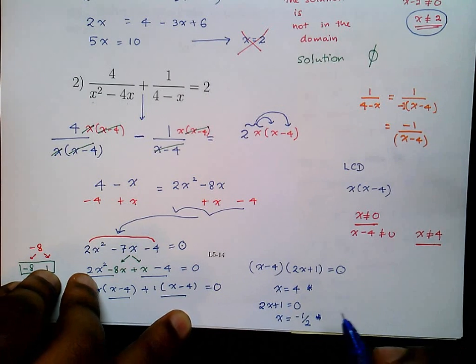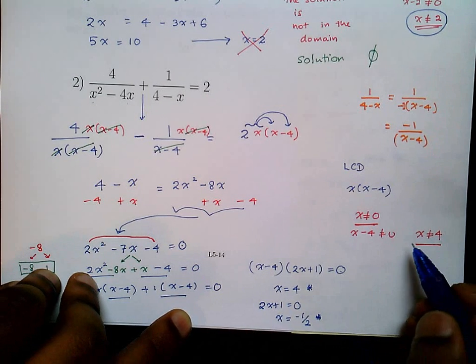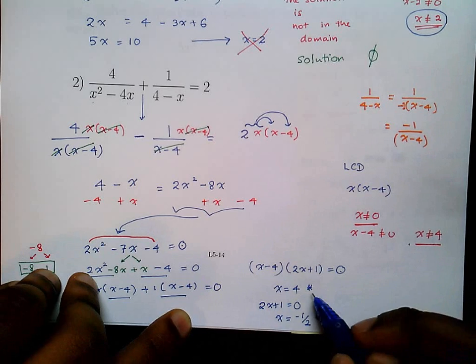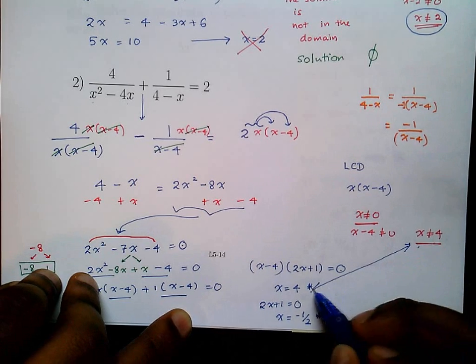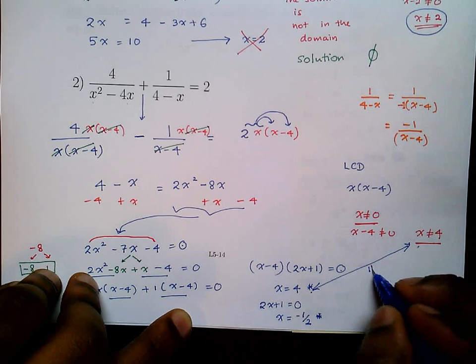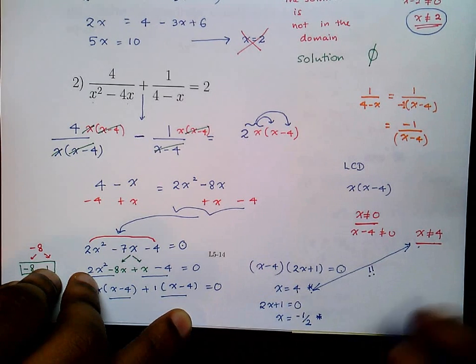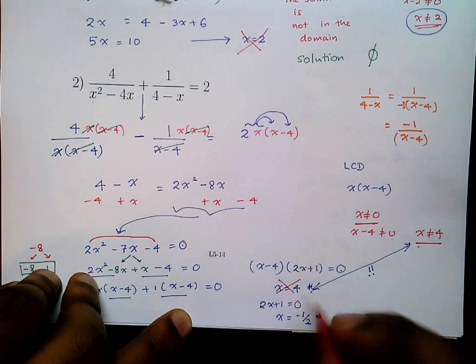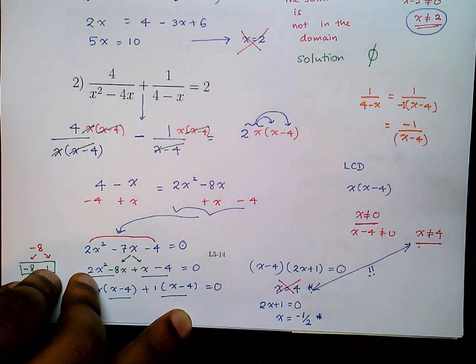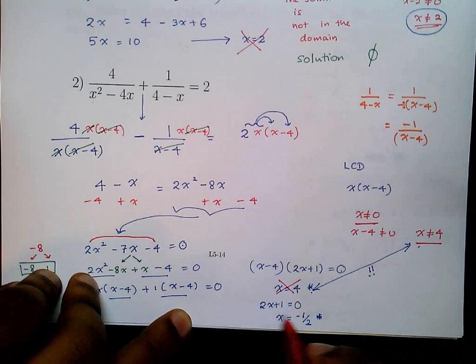Just check whether these are in the domain, and you can see that x equals 4 is not in the domain. So this is not a possible answer, which means the only possible answer is x equals negative 1 half.